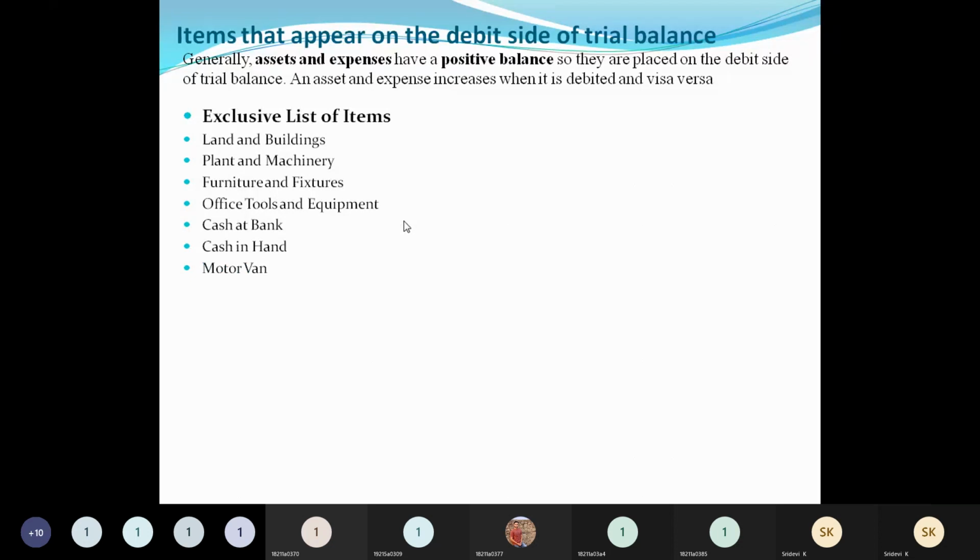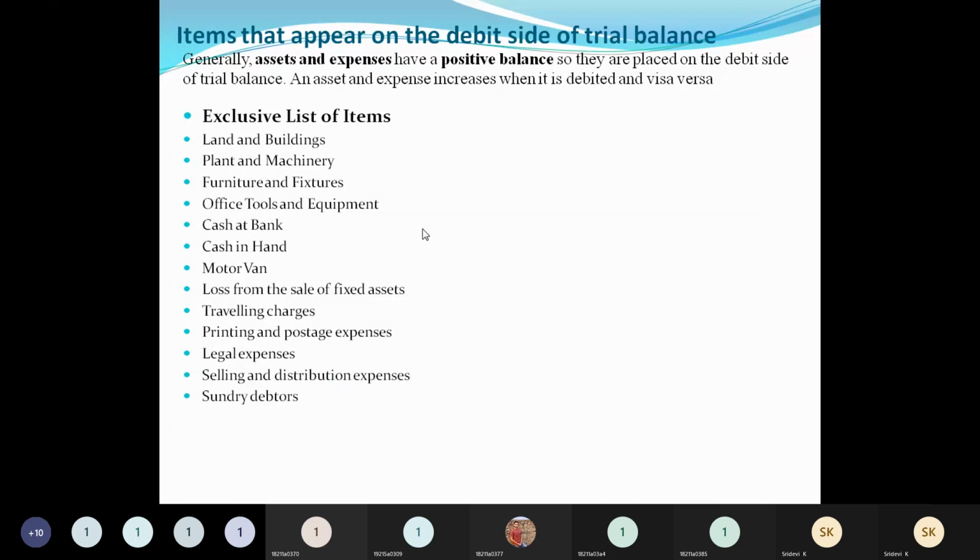Motor van and any losses on sale of fixed assets, any charges, that is any expenses which you have seen on the debit side of the trading account and profit and loss account. So all debit side items will be shown in the debit amount column of the trial balance.